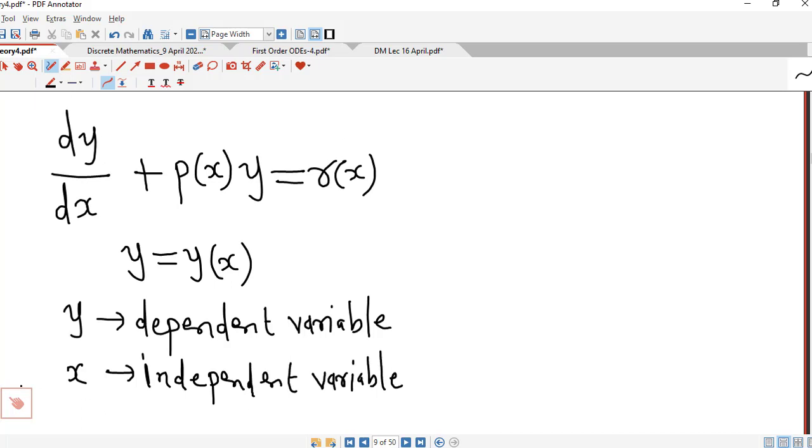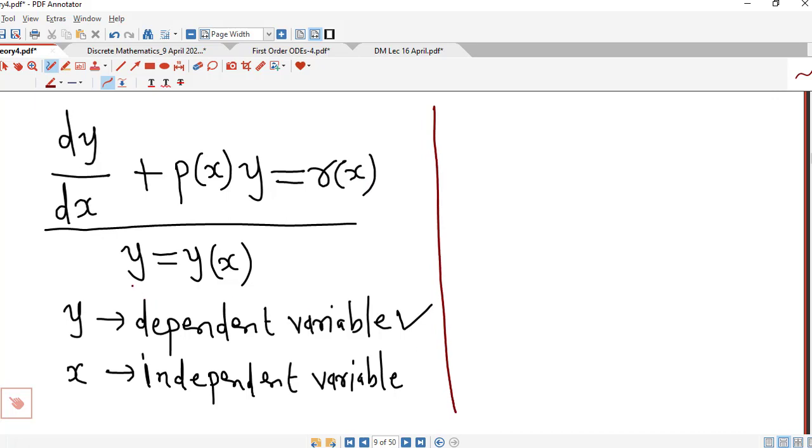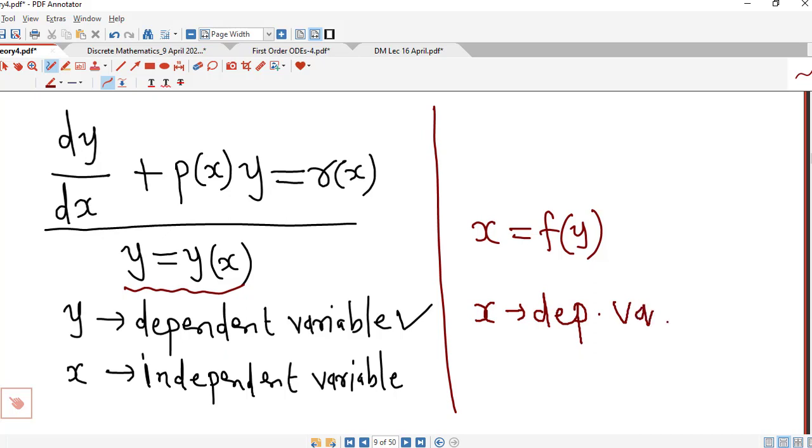But sometimes our differential equation is not linear if we consider y as the dependent variable. But in some equations, if we consider x as the dependent variable, that is, instead of considering y as a function of x, if we consider x as a function of y, then it can be linear if we consider x as the dependent variable and y as the independent variable.